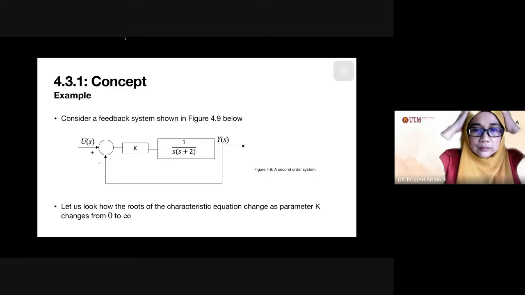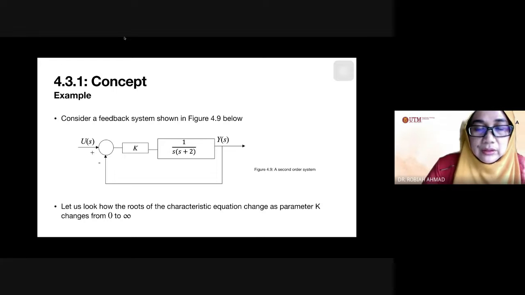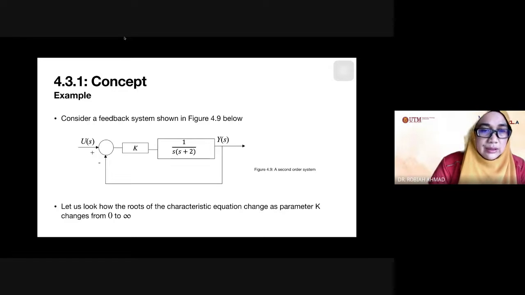Okay, so we have a feedback control system as shown in this figure. This is the input represented by U(s), output Y(s), and then we have controller K, and then this is the transfer function of the system.